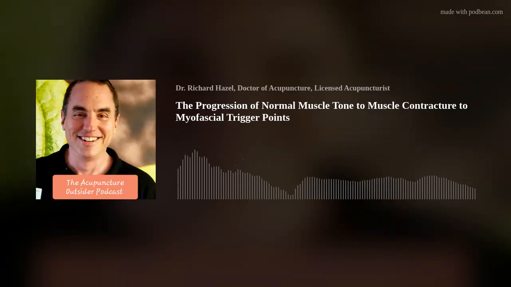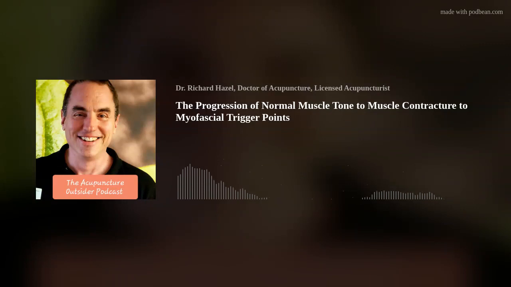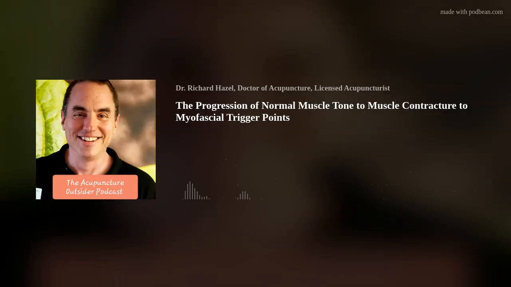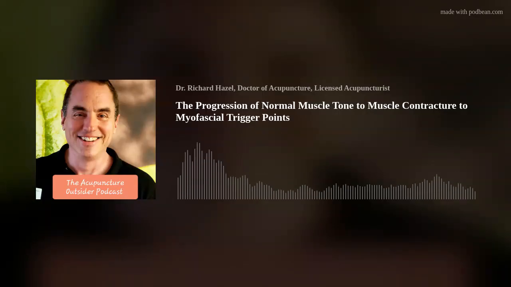ATP is involved in both the activity of contracting, activating the muscle, and ATP is necessary for telling the muscle to go back to its normal length and stop contracting. So when you have long-term contraction and you start to lose ATP, you're going to start to see some dysfunction in the muscle where it can't release. And some of those fibers will start to stay shortened.